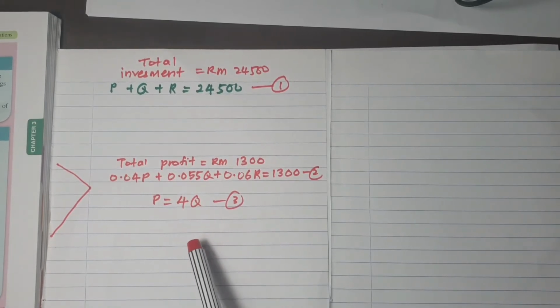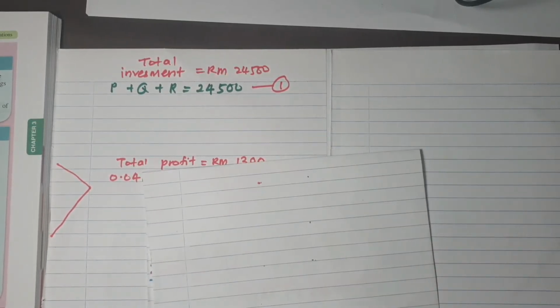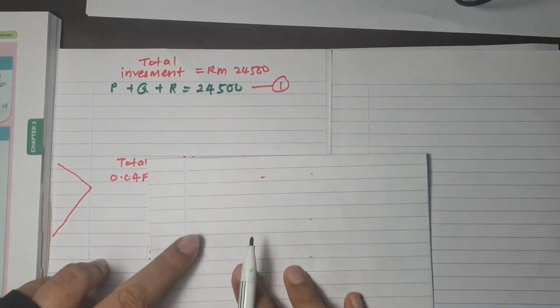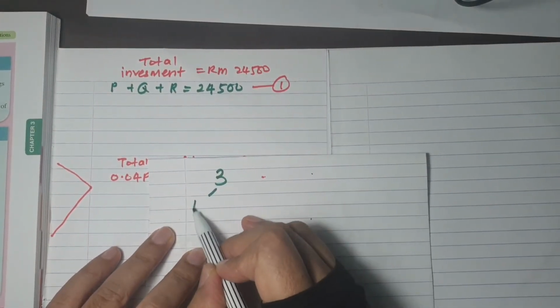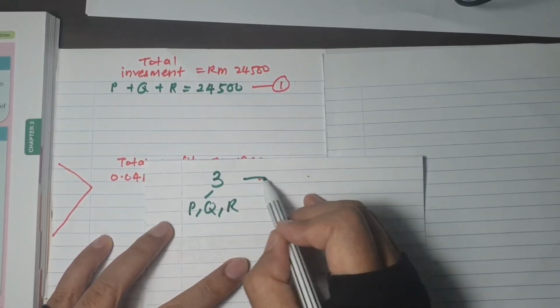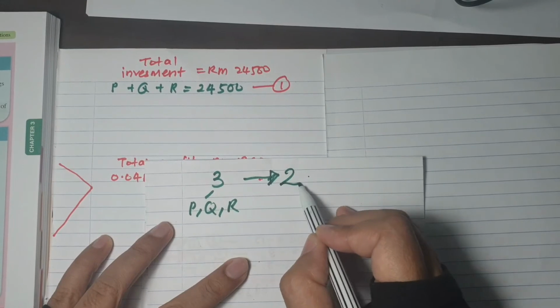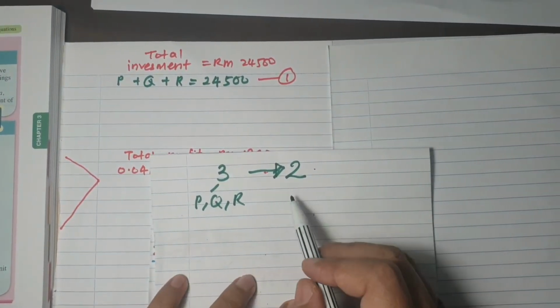Why we must make one of the variable as your subject? Because right now we have 3 variables, that is P, Q, R. Then after we make one of the variable as your subject, you kita akan jumpa hanya 2 variable.